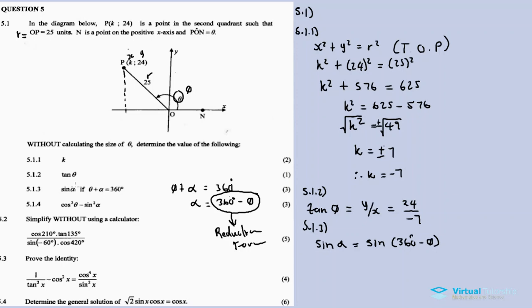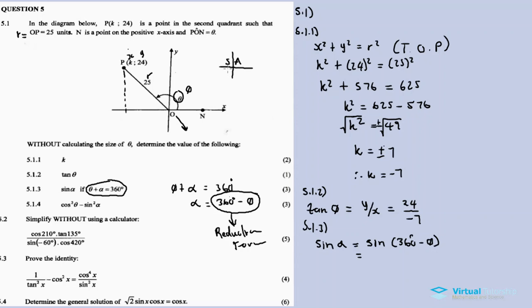So I need to express alpha in terms of theta, which is what I did here. I solved this equation they gave us, transposed theta, and was left with alpha, expressing alpha in terms of theta. Voila, now we have a reduction formula, which I must solve first. Sine of 360 degrees minus theta is found in which quadrant? In the fourth quadrant. Where do we find it? In the fourth quadrant.